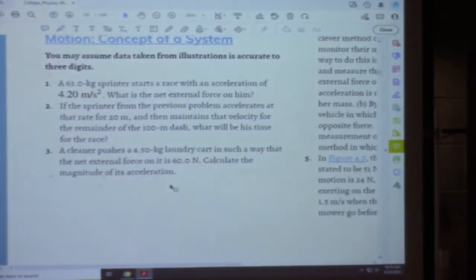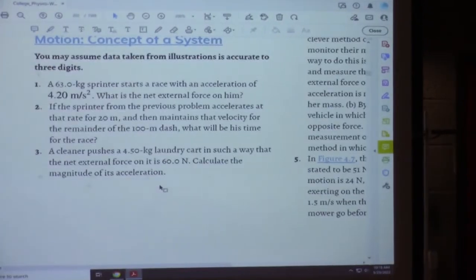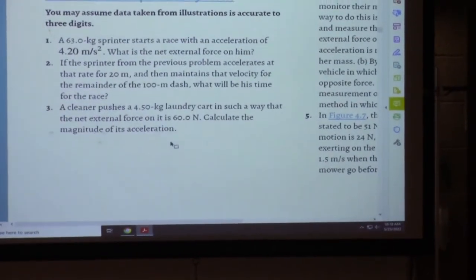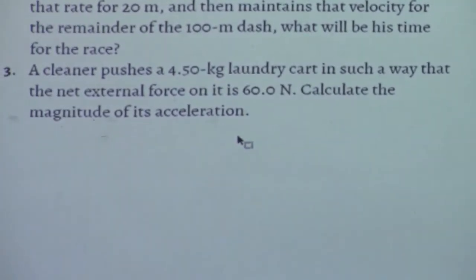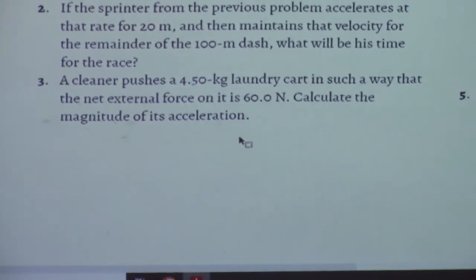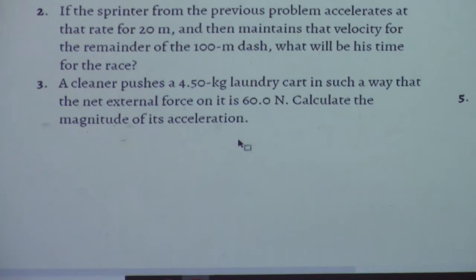It says a cleaner, so I'll pretend I'm the cleaner, pushes a 4.5 kilogram laundry cart in such a way that the net external force is 60 newtons. So maybe I push more than 60, but there's friction.